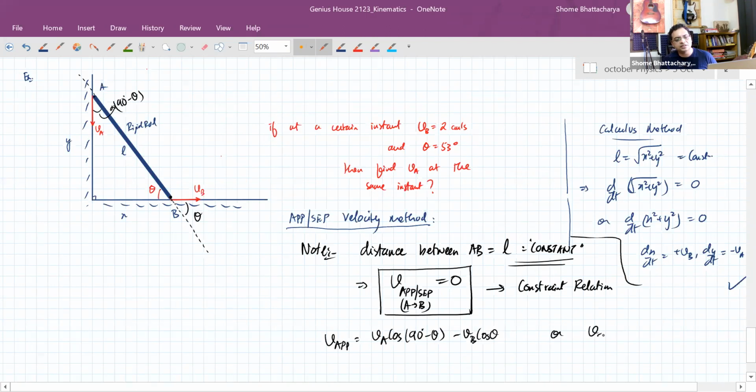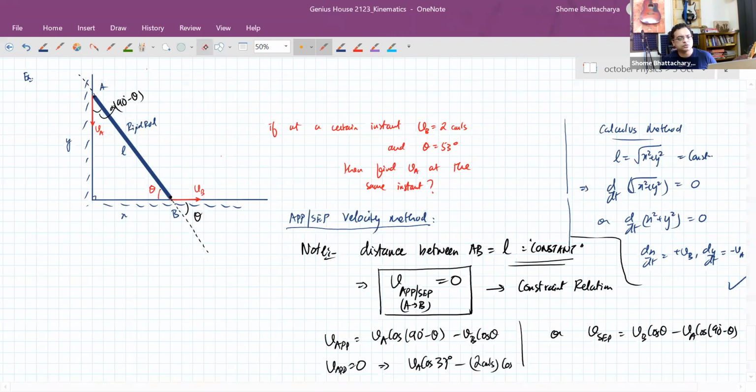Or you can express the separation velocity as just the reverse of this: VB cos theta minus VA cos(pi by 2 minus theta). Now just substitute this. This quantity should be 0. So that implies VA, which is unknown, cos 37 minus VB, which is 2 centimeters per second, into cos 53 degrees should be 0. That's it. That's become our single equation.